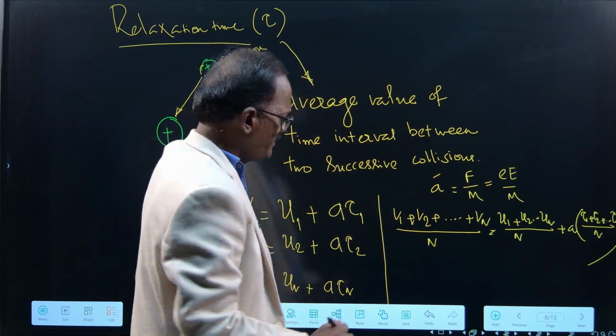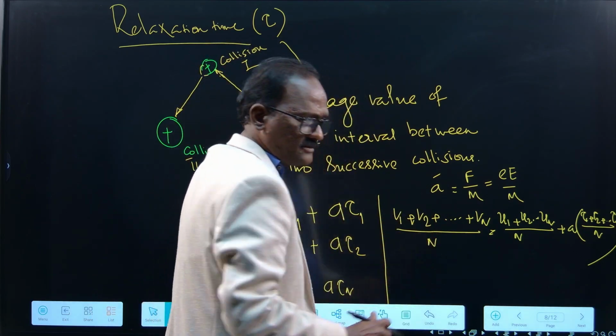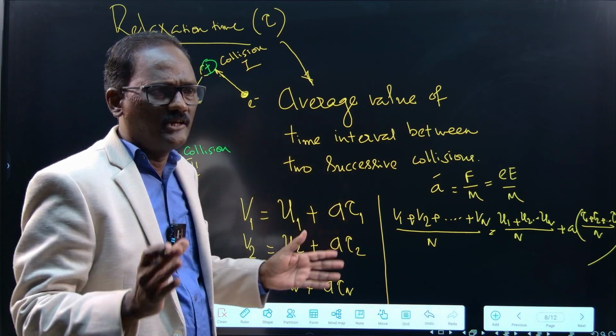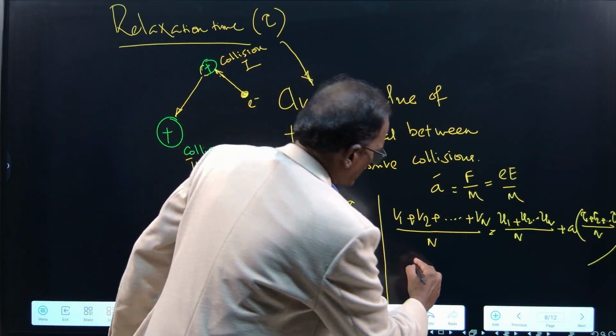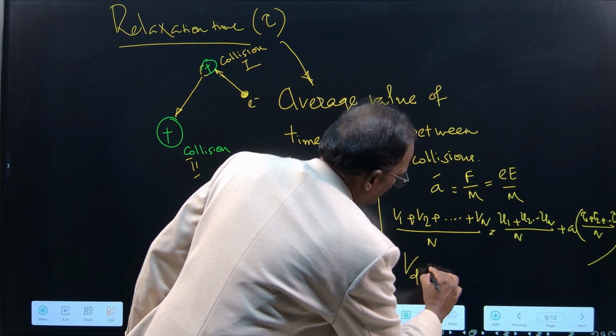So this average value is the velocity of electron. Drift velocity is the average value of all the electrons collectively. So this is Vd.